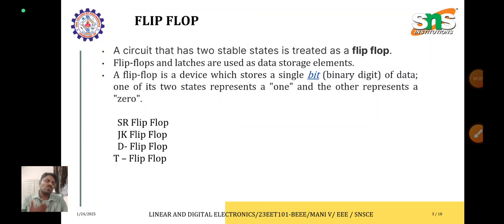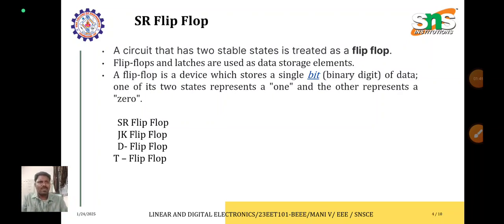Based on that, you can increase the number of flip-flops. There are 4 types of flip-flops: SR flip-flop, JK flip-flop, D flip-flop and T flip-flop. These are the different types of flip-flops.